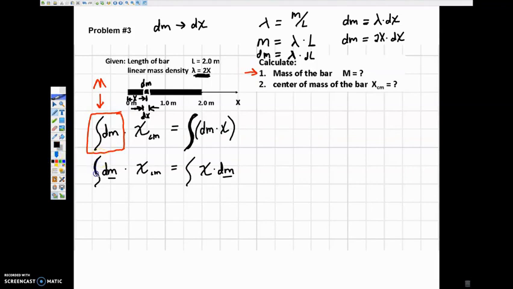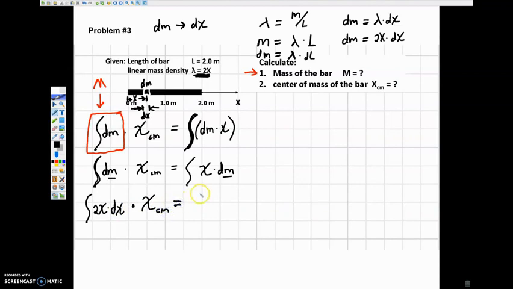So this integral dm can be rewritten as the integral, but instead of dm, we know we could replace dm with 2x dx. And then that's all going to be multiplied by the x-coordinate of the center of mass.